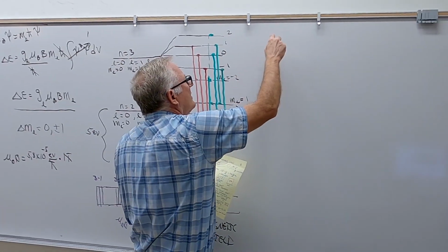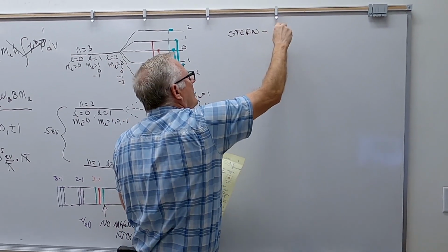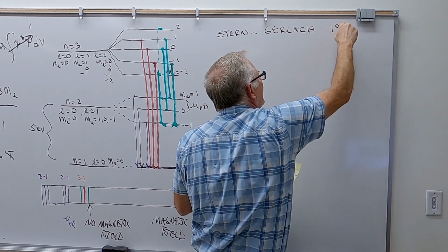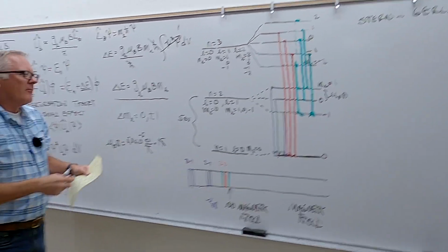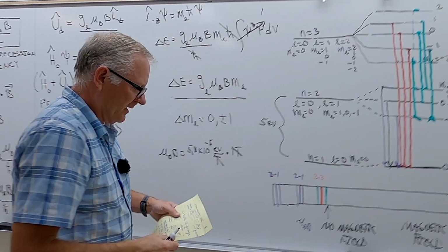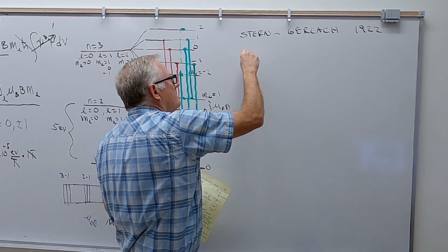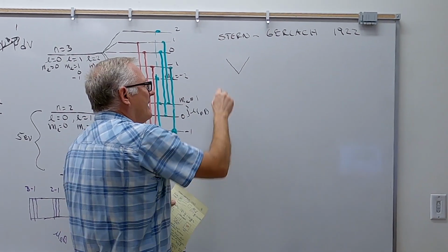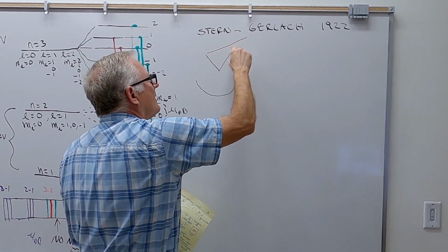This is the Stern-Gerlach experiment, about 1922. They really wanted to see if this really did quantize angular momentum. So what they did is they built this magnet that had a non-uniform magnetic field. So if you looked at it at the end, it would kind of look like this.